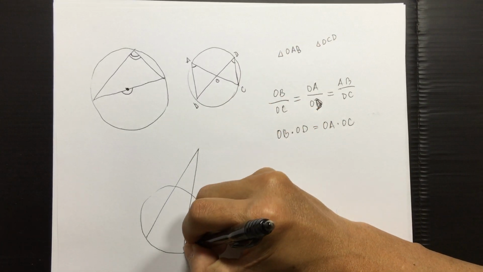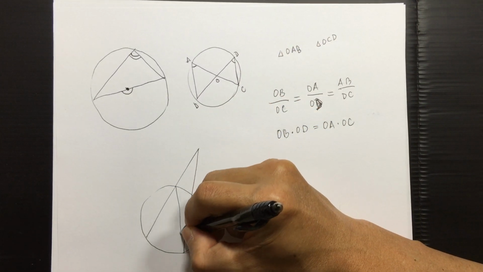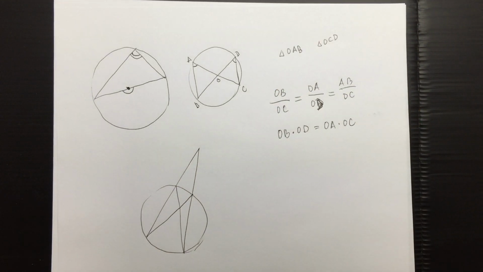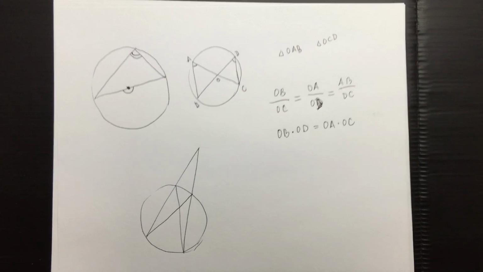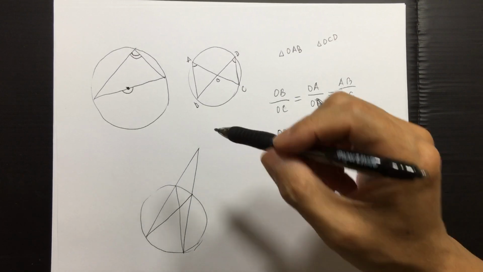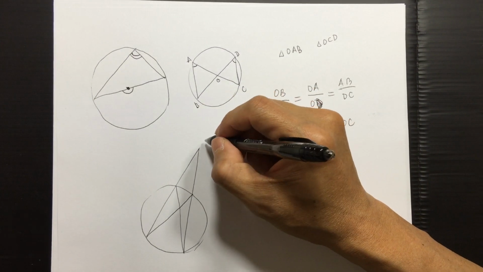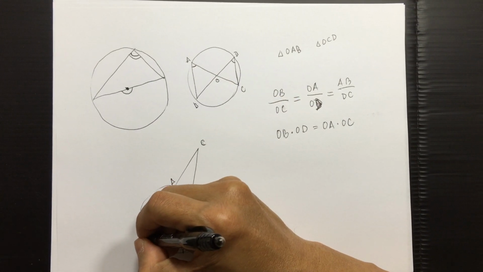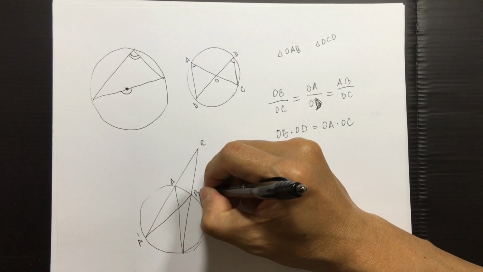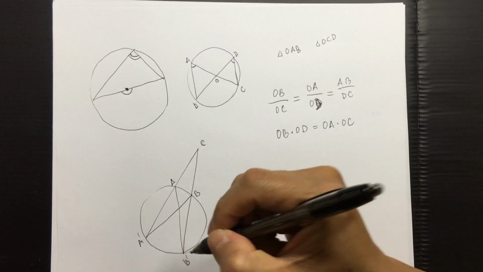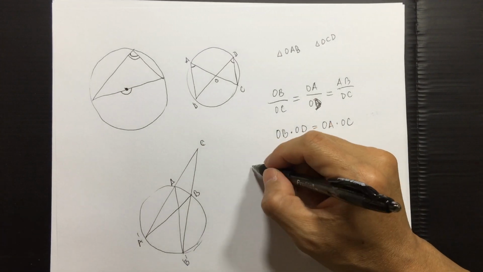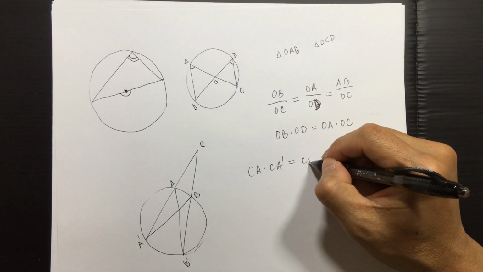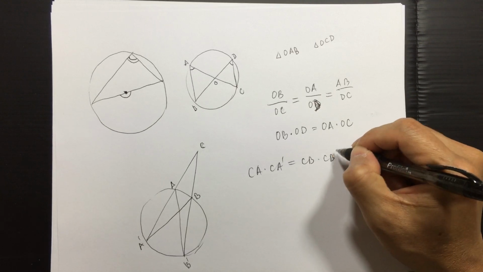If you put this to be a point outside, we can have, let's just call this C, this is A, this is A prime, B, this is B prime. We can say CA times CA prime equals CB times CB prime.